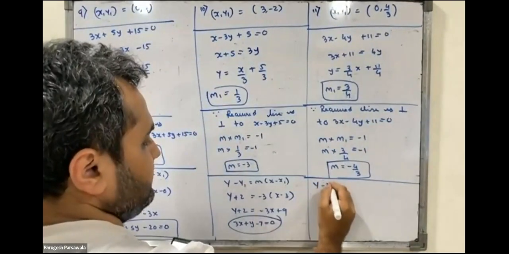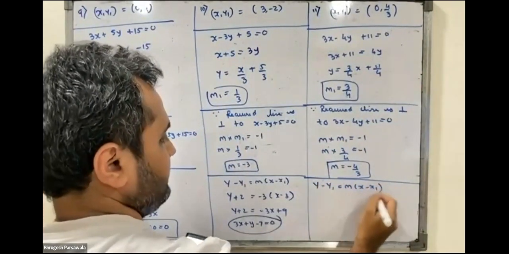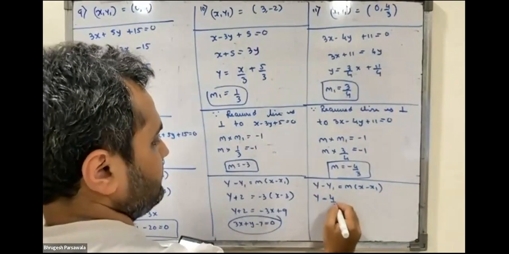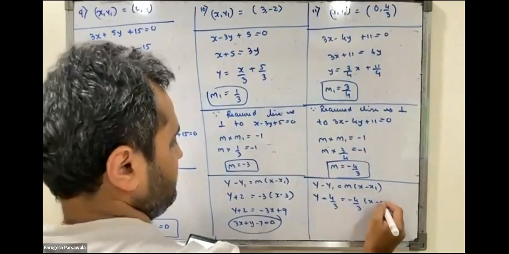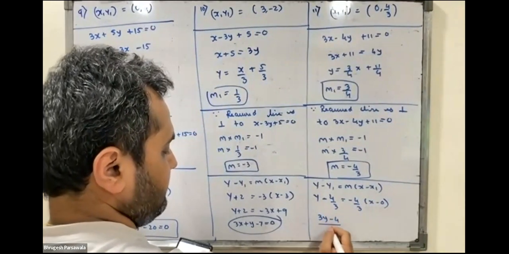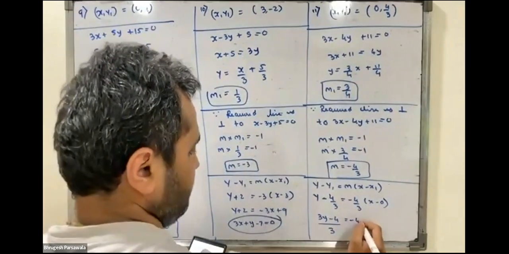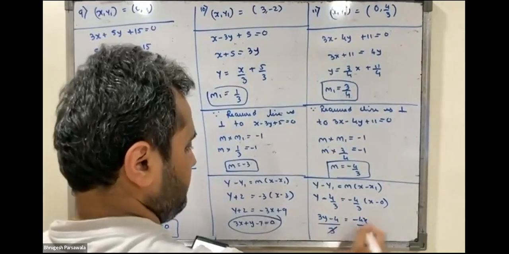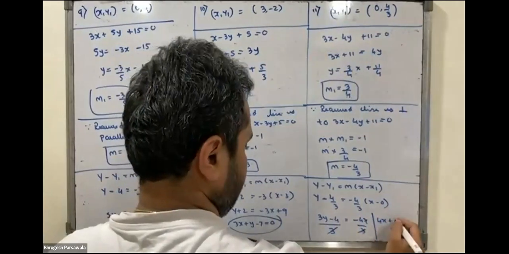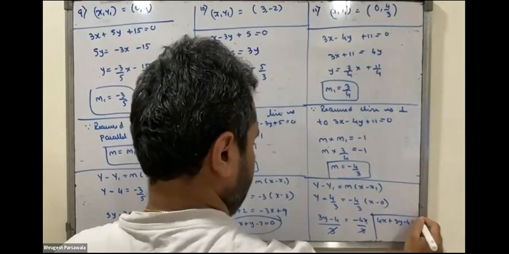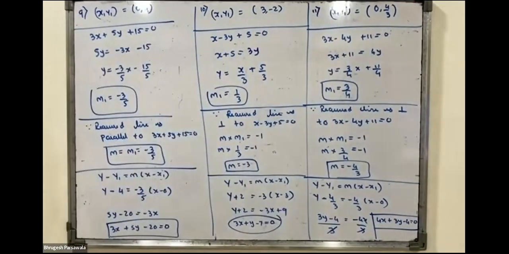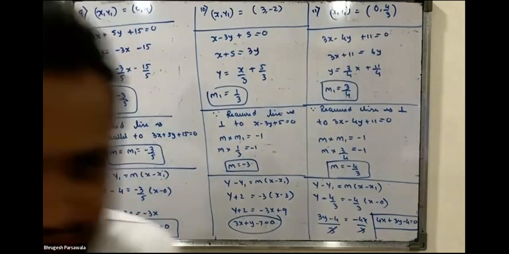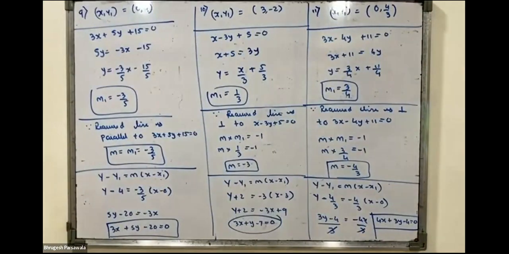Please go through sum number 9, 10, 11. Almost on the same line.